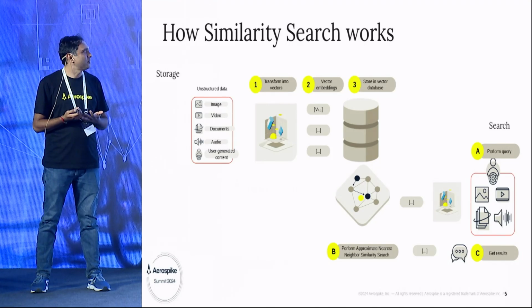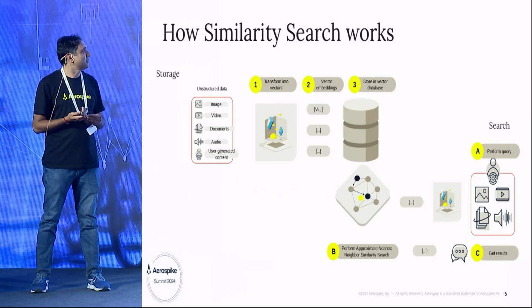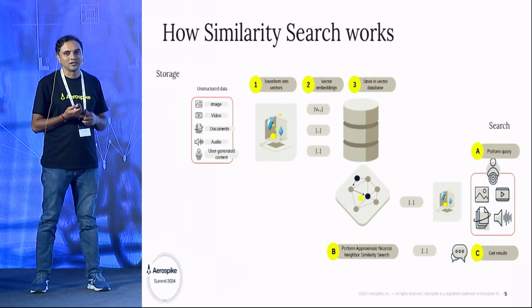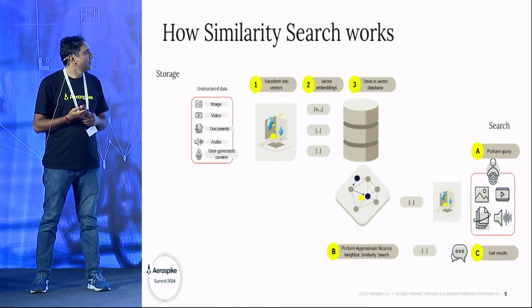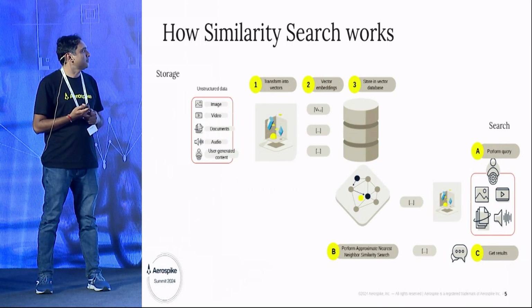For images, you could use open source models like CLIP. You could use LLMs as well for generating embeddings out of textual content. So you could transform them into vectors. You store it into a vector DB. This is a solution that Aerospike has built. It's available for trials, and it will soon be GA'd. And that is what is called your vector storage.